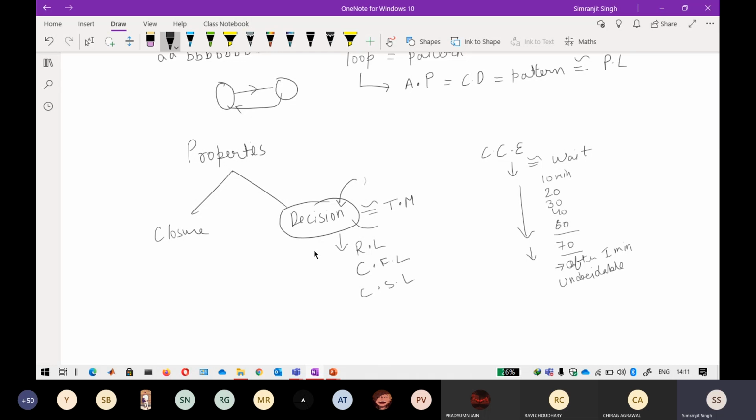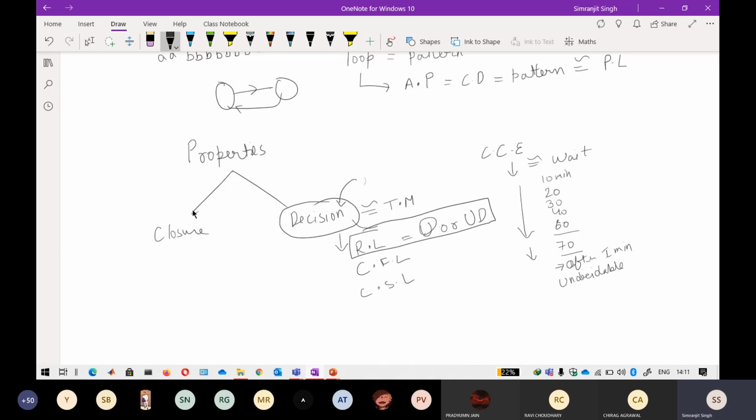The decision property is the same for all. It will be decidable or it will be undecidable. So there are only two outputs in the decision property. I will explain that for the regular part only, don't worry about it. But I will again give you more stress when we are done with the Turing machine.